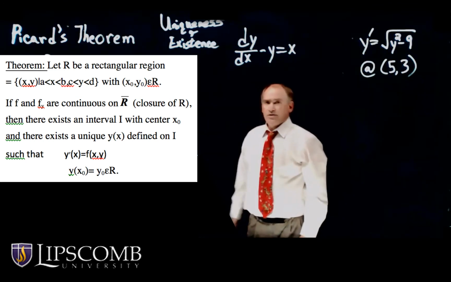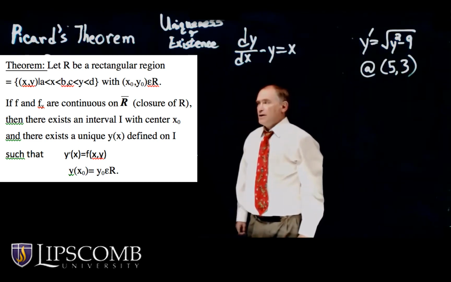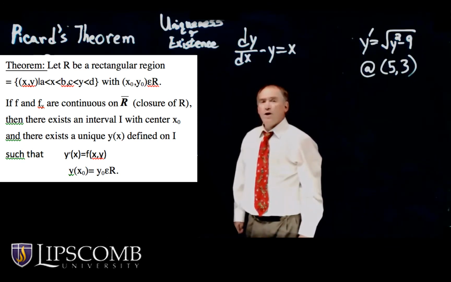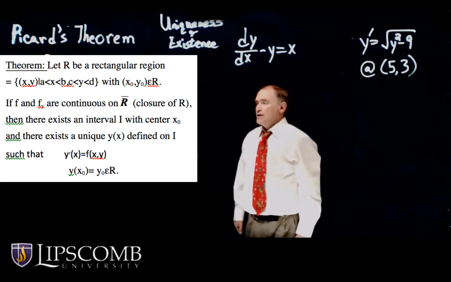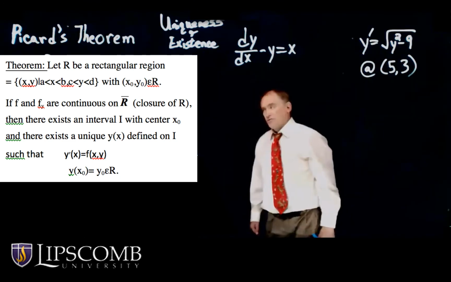Here's Picard's Theorem. Let R be a rectangular region in the xy plane defined by a less than or equal to x less than or equal to b and c less than or equal to y less than or equal to d that contains the point (x sub 0, y sub 0) in its interior.